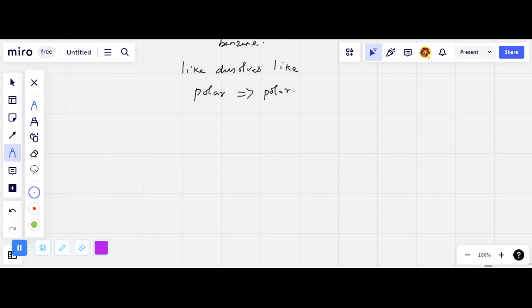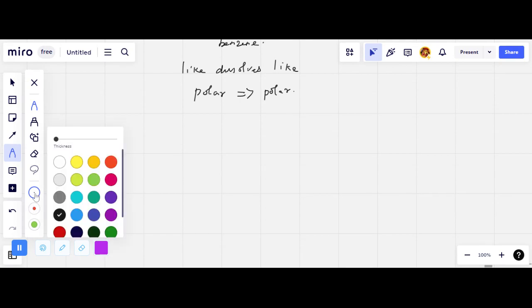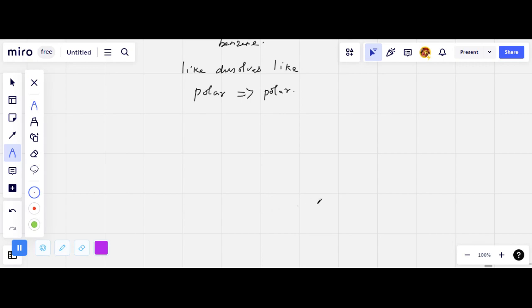Okay, so the next topic is electron displacement effect in covalent bonds.